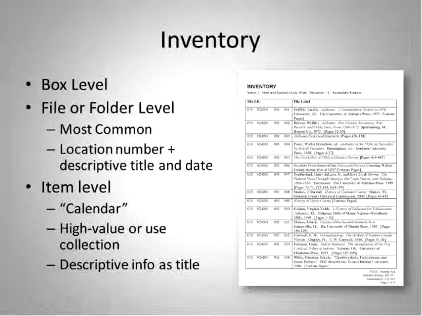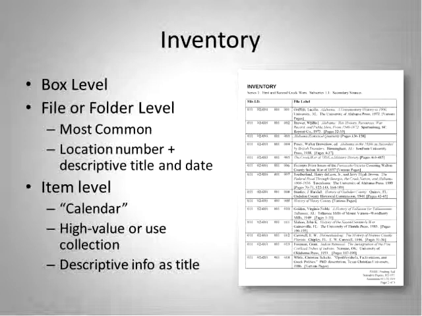Now, an inventory for an archival collection might be at the series level. That's pretty common with the National Archives. It might be at the box level for underprocessed or less valuable collection, and the inventory might tell you what's in each box.